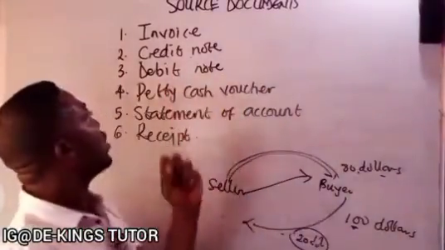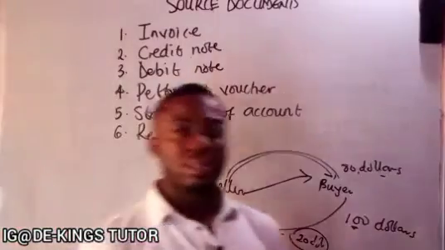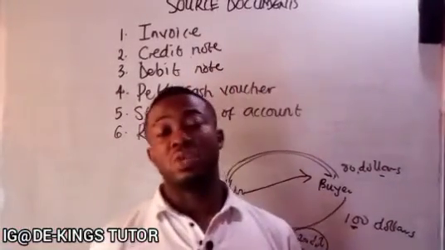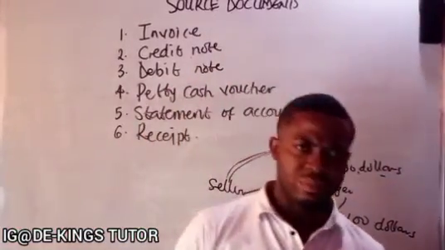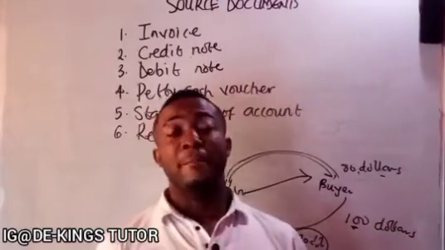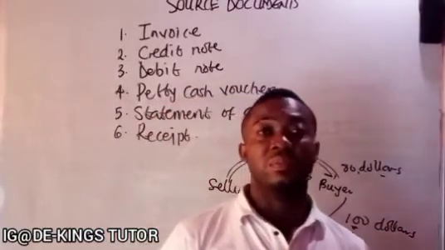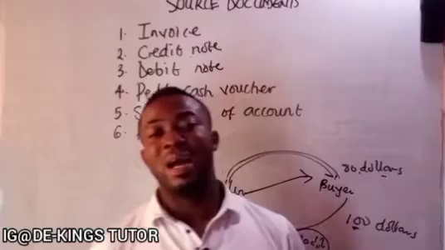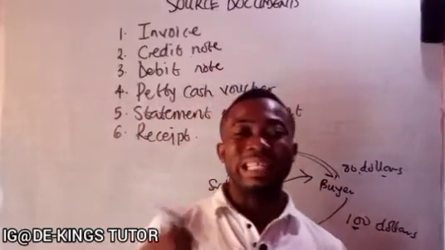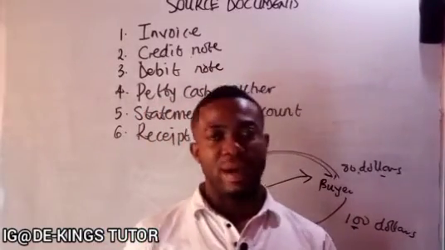The next one is the debit note. The debit note is the opposite of the credit note. A debit note is a document that is sent also by the supplier or the seller to the buyer to increase the indebtedness of the buyer.